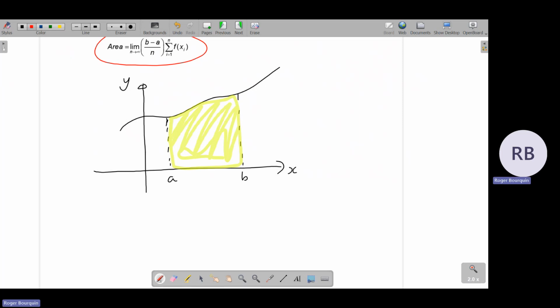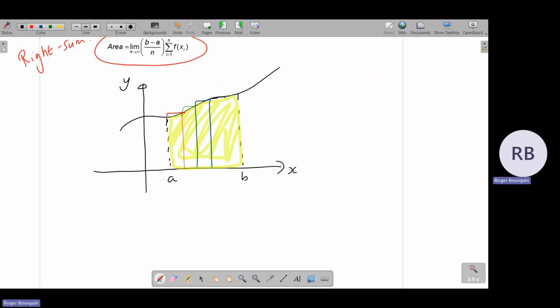Over here, we're going to divide this up and do a right sum of the area. We're just doing a random amount of rectangles, we're not going to count them.